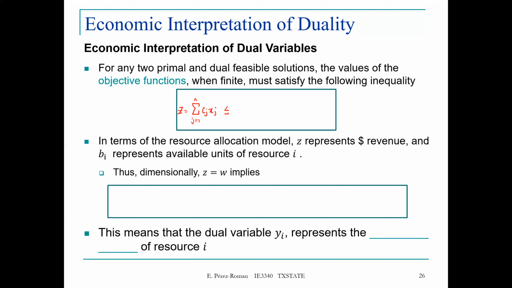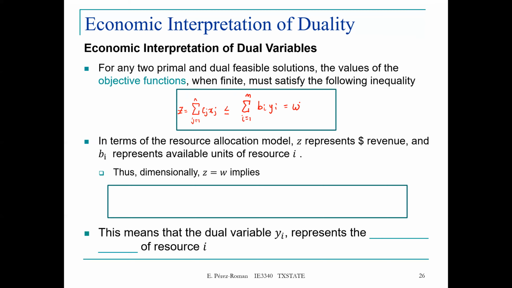And this is always less than or equal to the objective function of the dual, the summation from i equals 1 to m of bi yi, which is equal to W.